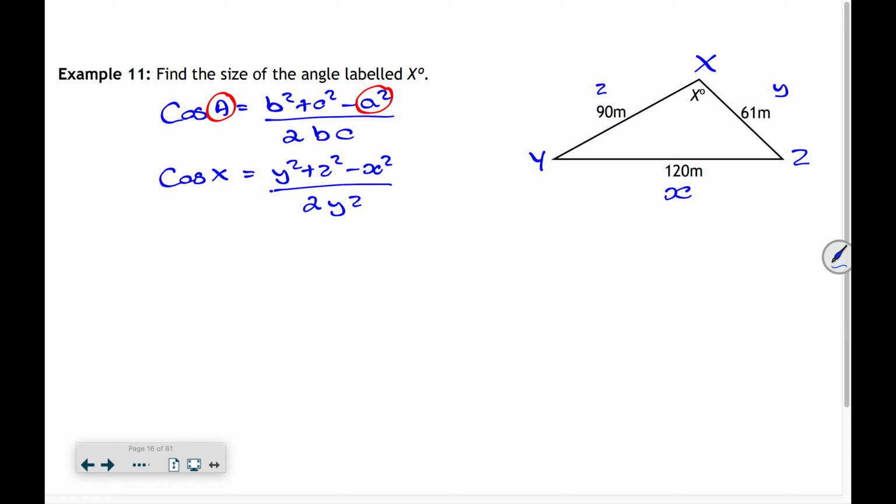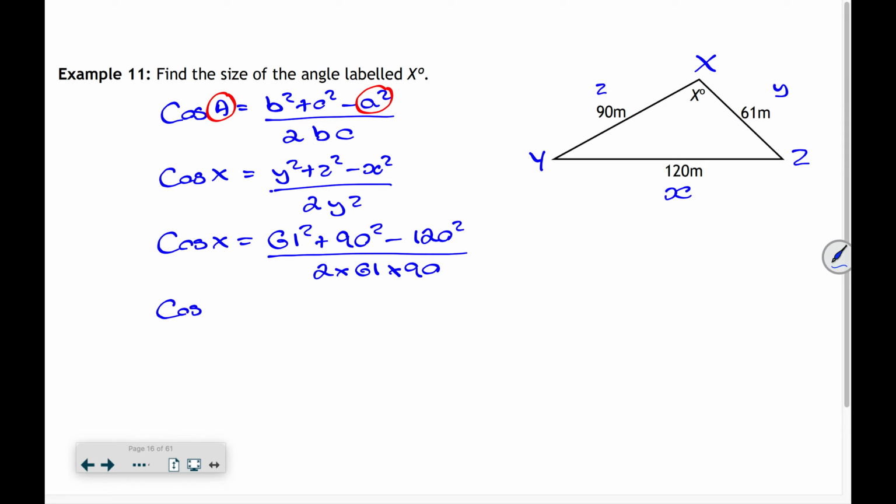So now all we do is put in the sides. So we get cos X is equal to 61 squared plus 90 squared, take away 120 squared, all over 2 times 61 times 90. So I am going to type that into my calculator first of all.